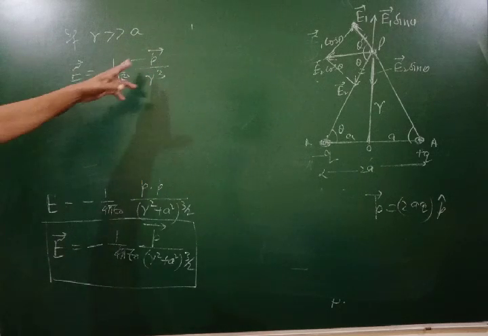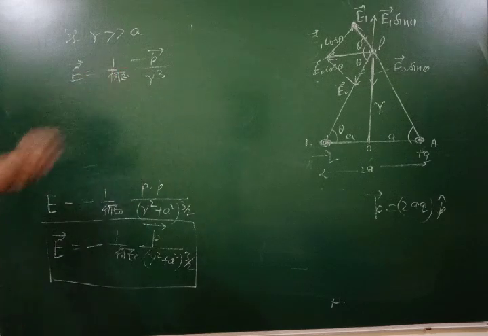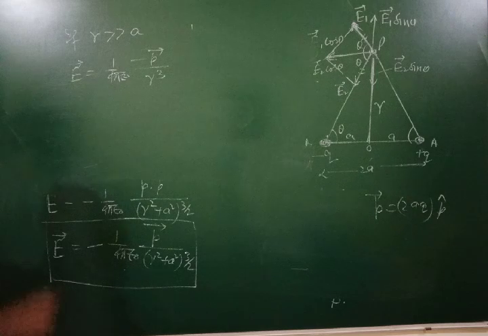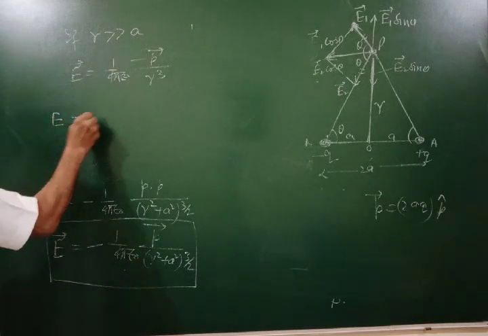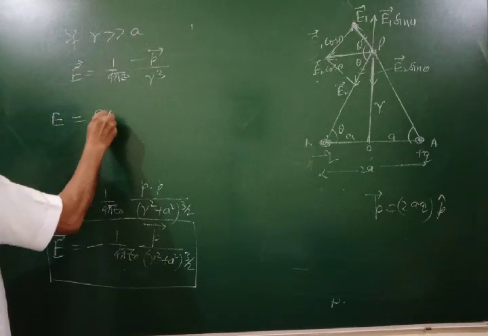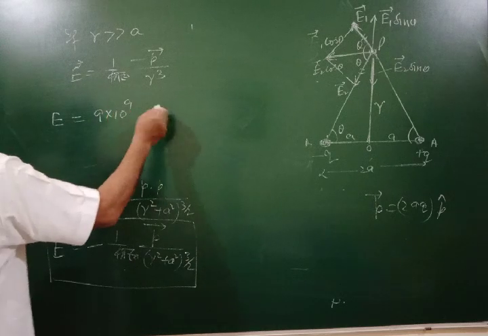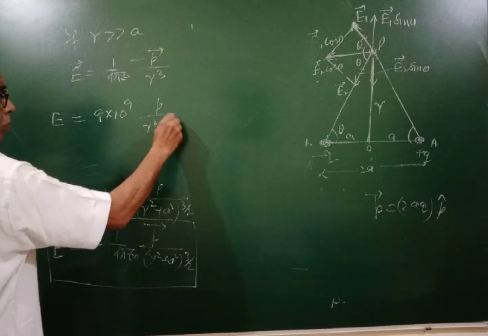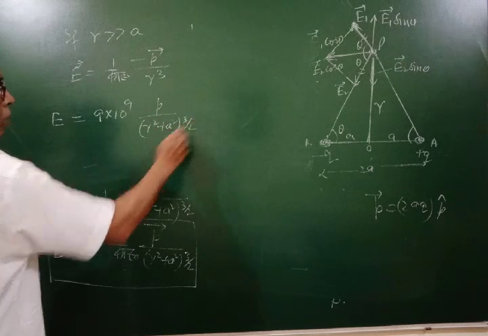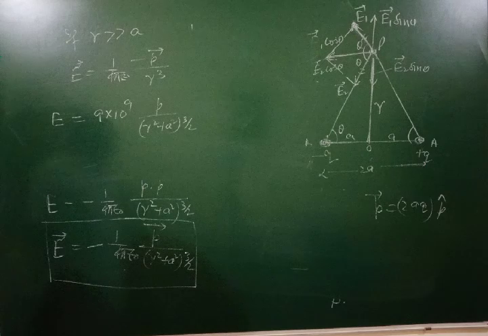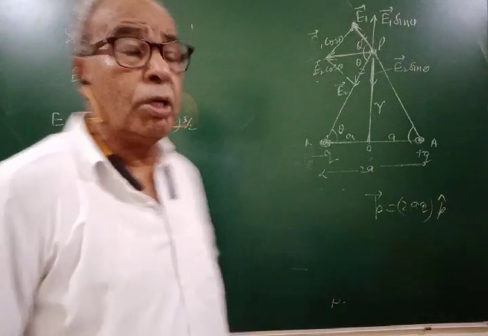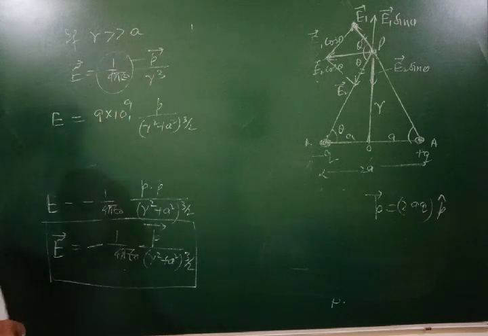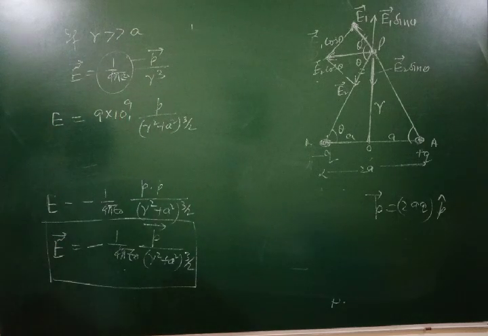On the axis it was 2p upon r cube, but with a plus sign. For the magnitude of electric field E, when you want to write, you can write 9 × 10⁹ in vacuum, P upon r square plus a square to the power 3/2. When you are finding the magnitude of electric field in a numerical problem, you can write this directly, because you know 1/4 pi epsilon 0 is equal to 9 × 10⁹.